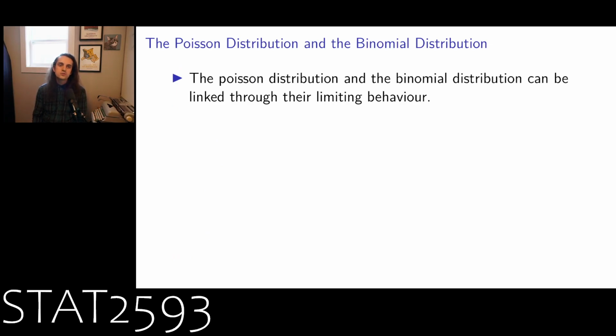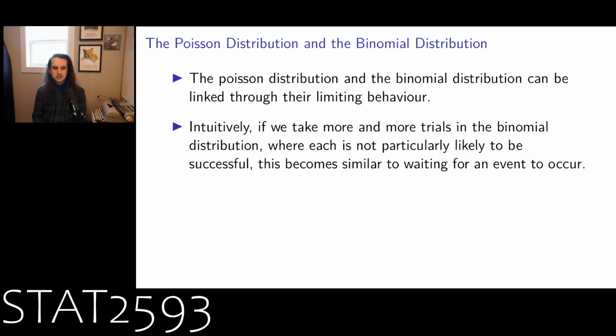Now, we can also think about relating the Poisson distribution to the binomial distribution. And this is linked in the limiting behavior. Intuitively, if you think about taking more and more binomial trials, where each of them is very low probability of success, then this is similar to waiting for an event to occur, right?